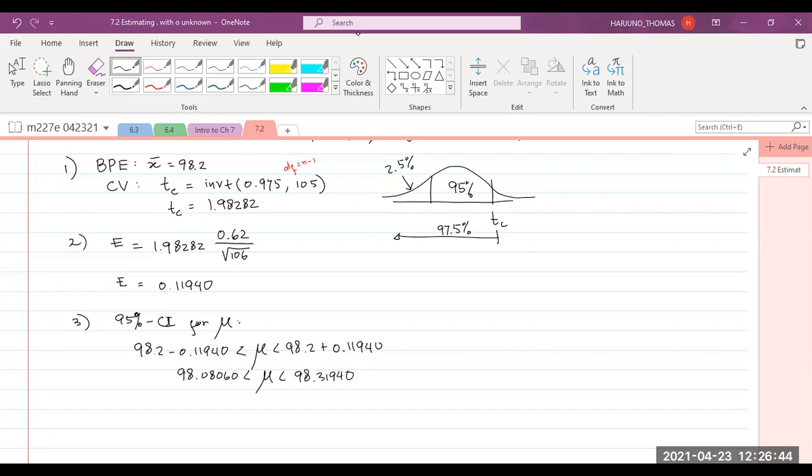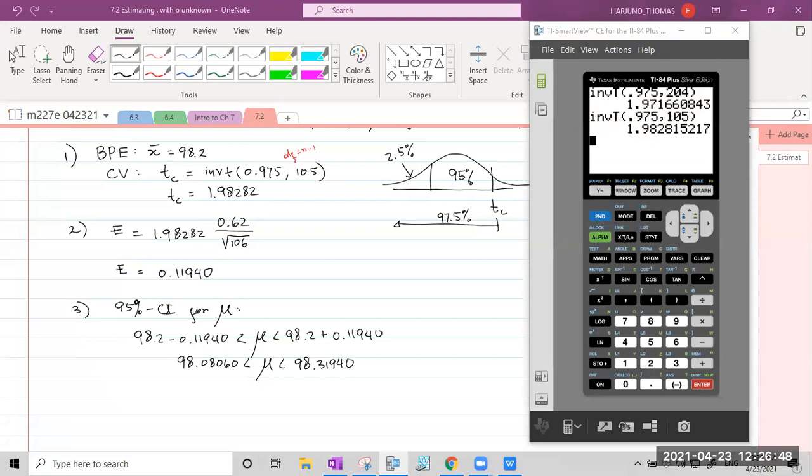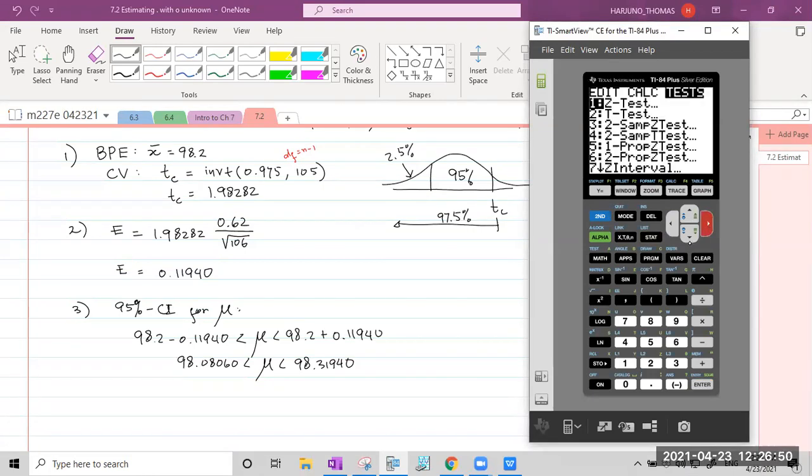Calculator, just to confirm, right? Stat, Test, T interval. The mean is 98.2. Sample standard deviation 0.62. Sample size 106.